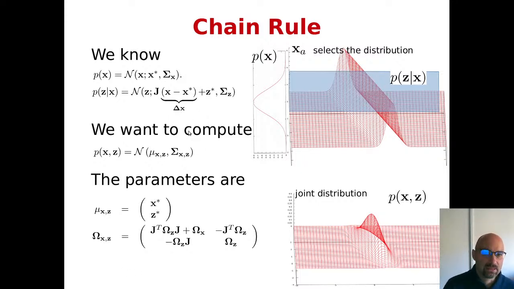So it will be just z star. And we have that omega of x and z has this particular form, where you have J transpose omega z J plus omega x, plus the cross correlation terms, and finally you have the covariance matrix on the measurements, or the information matrix on the measurements. Okay.